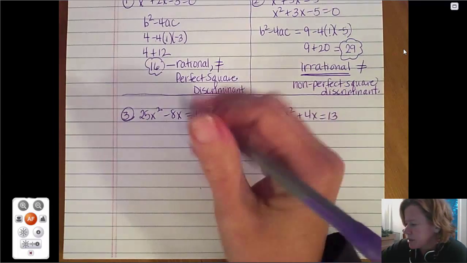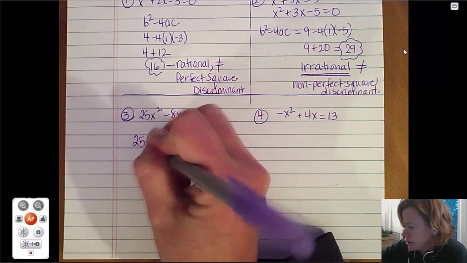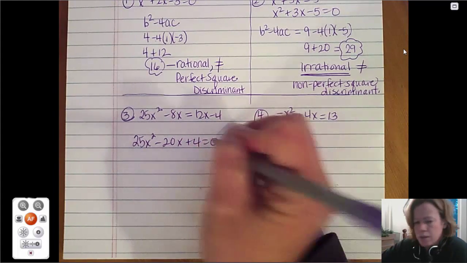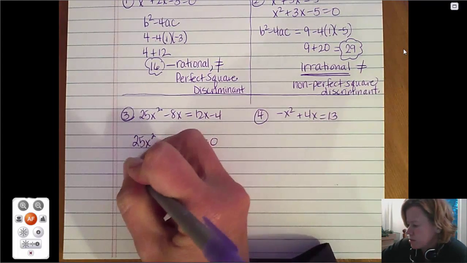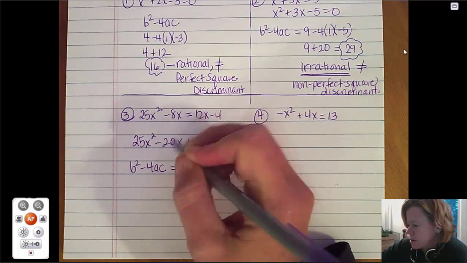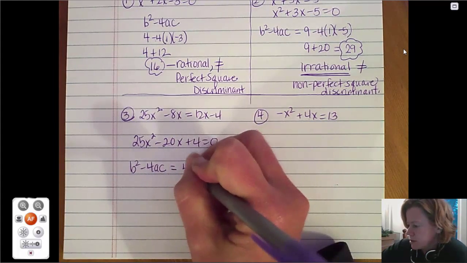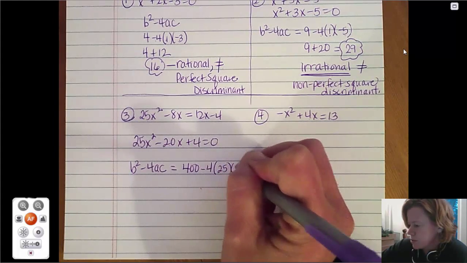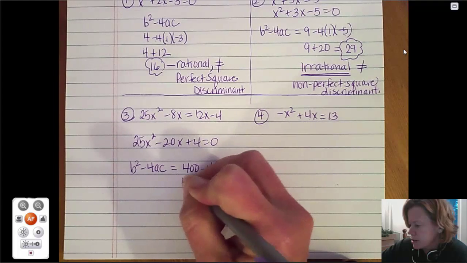In the third problem we solved yesterday, we had 25x squared minus 8x equals 12x minus 4. Again, we needed to set it equal to 0. When we found the value of its discriminant, b squared minus 4ac, we get negative 20 squared is 400 minus 4 times a is 25 times c is 4. Clean it up.